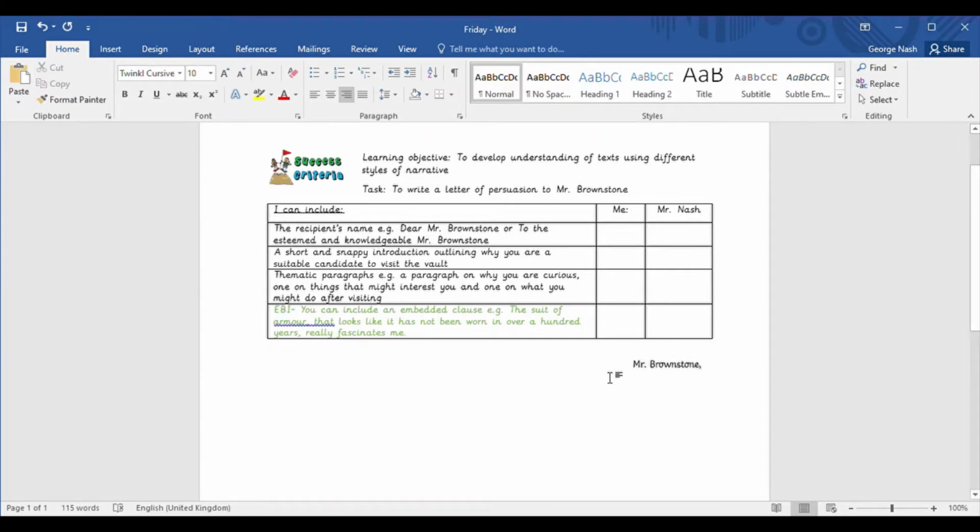But I did say before I might improve this. The esteemed and honourable Mr. Brownstone. I'm going to say, I wonder where his family vault is. I might put his house, the Brownstone family mansion.